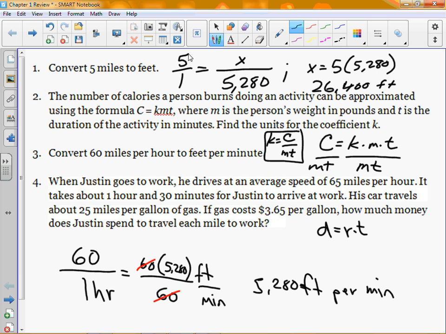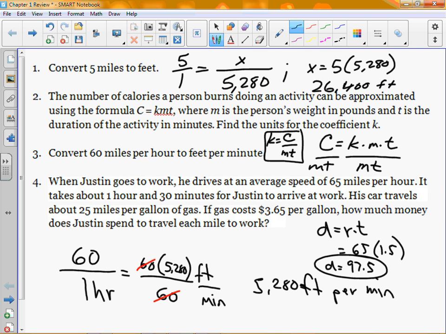It's half an hour. So my time is 1.5. So the first thing I've got to do in this problem is figure out what 65 times 1.5 is. Somebody? 97 and a half. So I've got to travel 97 and a half miles.